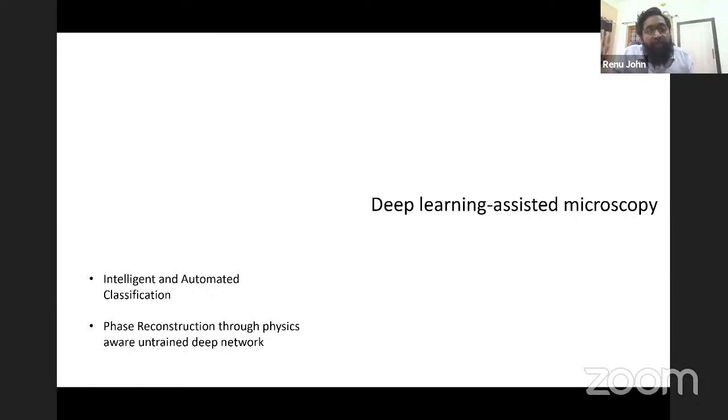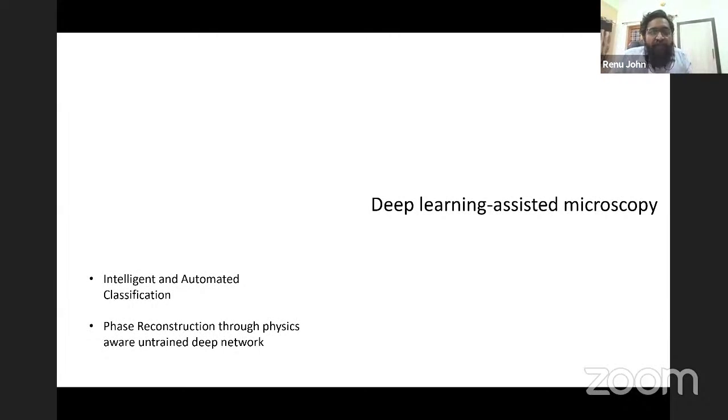We also looked at retrieving the depth information or the thickness. Can we invoke the principles of physics, because we know that the depth or thickness can be reconstructed with the help of a Fresnel propagating kernel, which is what happens in optics in holography.